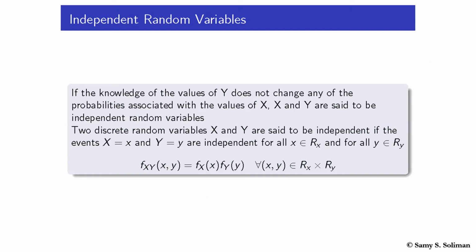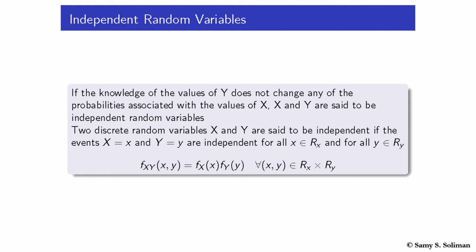Since we have more than one random variable, we might be interested in knowing whether these random variables are dependent or independent. We can decide that a random variable is independent of the other, as we said before when we discussed conditional probability, if the knowledge of the value of one of the random variables does not affect or change any of the probabilities associated with the other random variable.